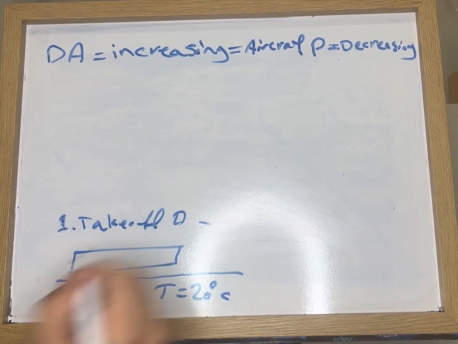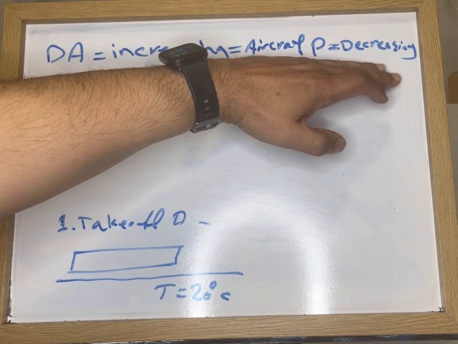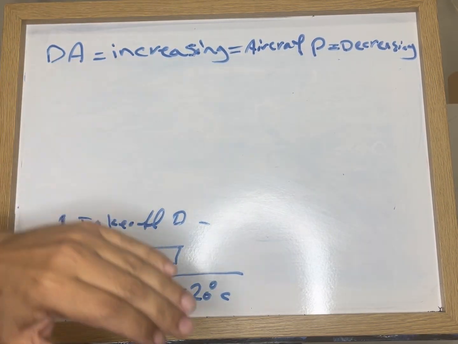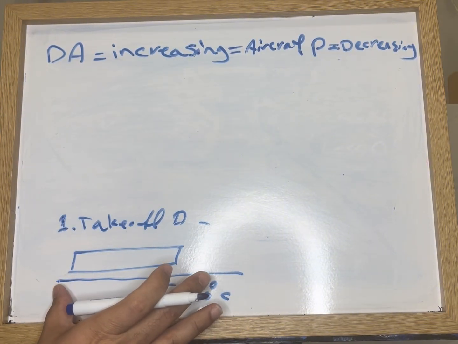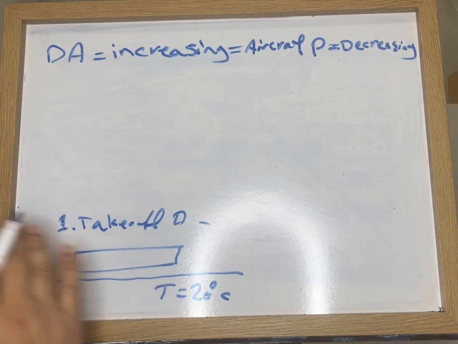Number one, because density altitude increases, air density decreases, and the air is less dense. So we need much more distance to get off the runway and become airborne.